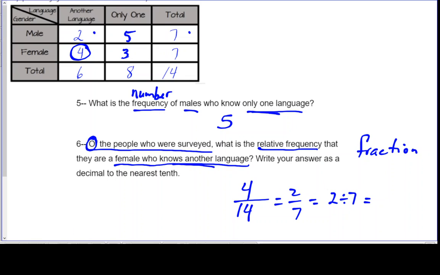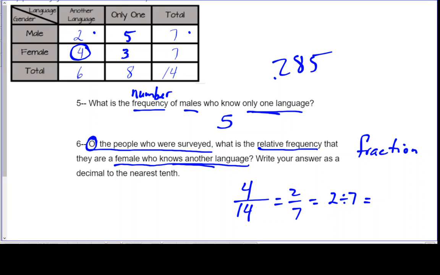And 2 divided by 7, let's check that on the calculator quickly. 2 divided by 7 is 0.285, what was the next digit?